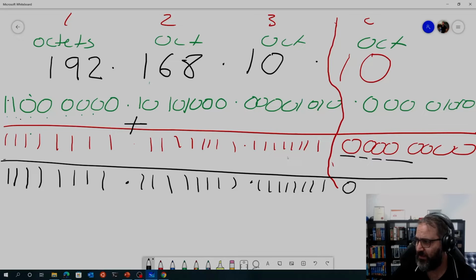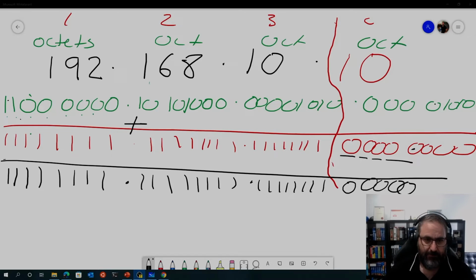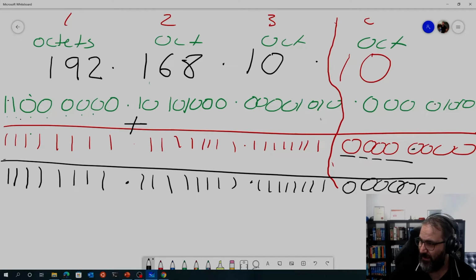So we've got 4 zeros there, 1, 2, 3, 4, and one more here, so there's a 0 there and a 0 there. But what about the 1? 1 plus 0. Shouldn't that be 1? Well, logic dictates that it should be a 1, but not in subnet masking. It's a 0. So it's 1, 2, 3, 4, 5, 6. 0 plus 0, and then a 0 and a 0.